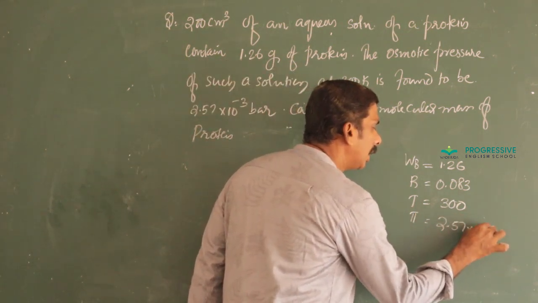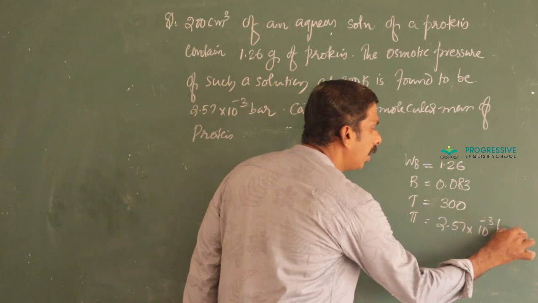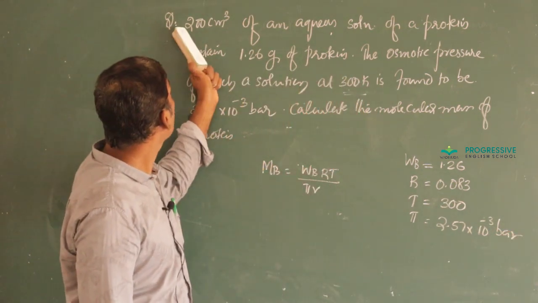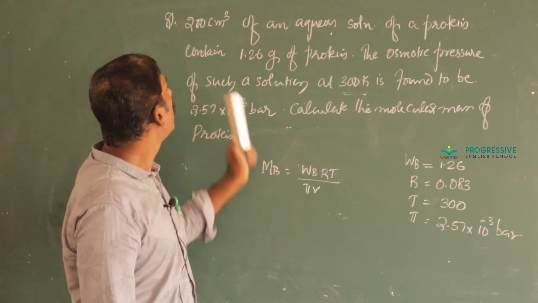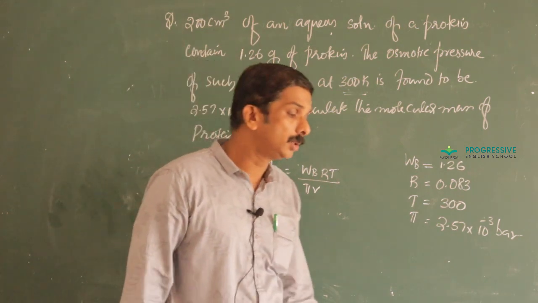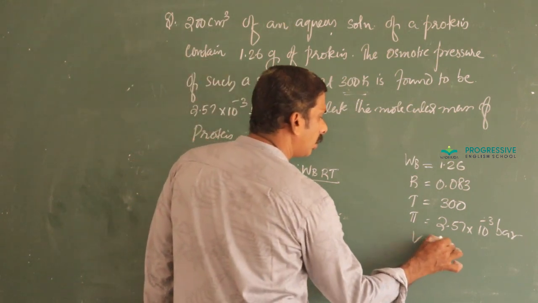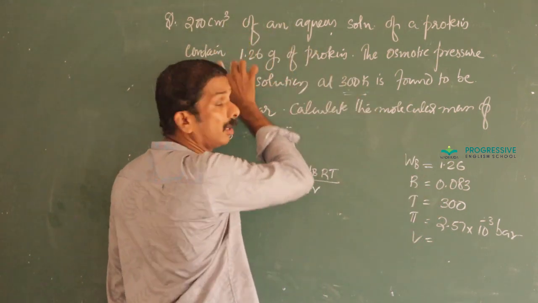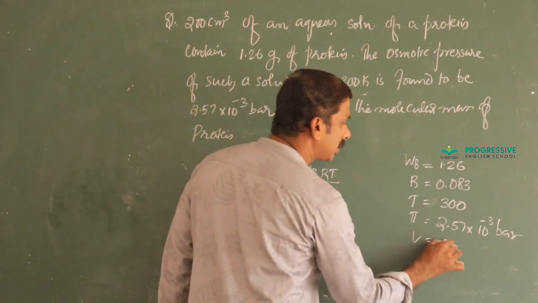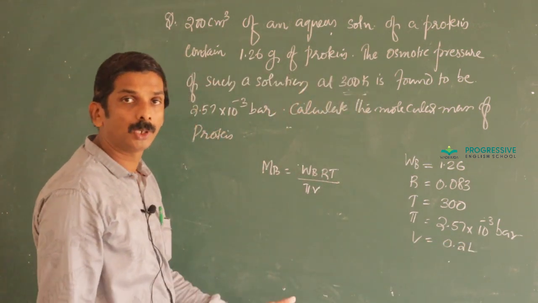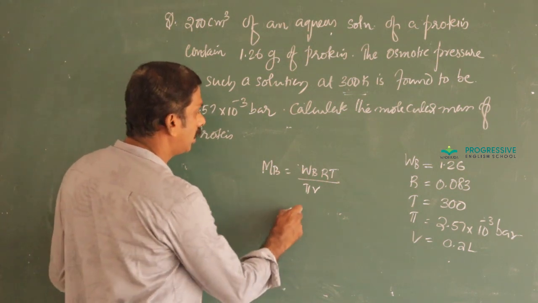Here it is osmotic pressure 2.57 into 10 raised to minus 3 bar. And one more thing, here the volume you have to convert into liter. V equal to 200 by 1000 liter, that is 0.2 liter. 200 ml or 200 centimeter cube means 0.2 liter.